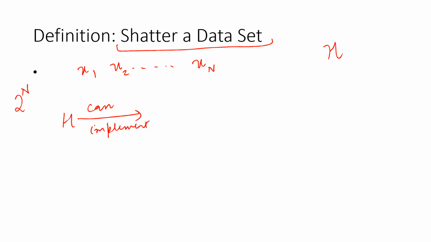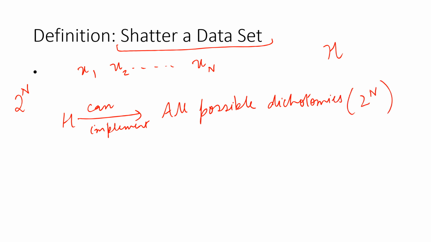all possible dichotomies, which is obviously 2 to the n, then I will say that H shatters this data set, this number of points. So this is what shatter means.